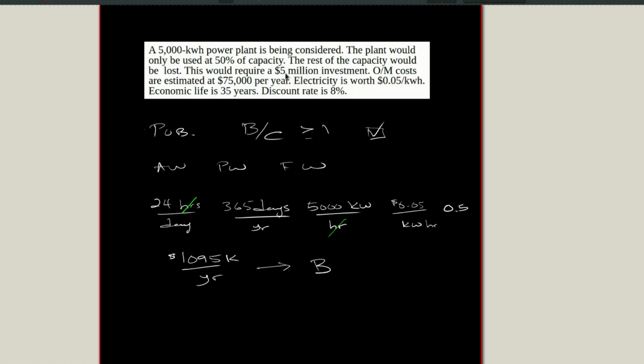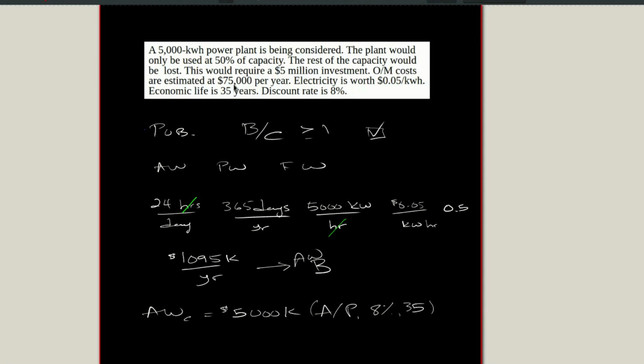Now it says here, this thing's going to cost $5 million. So what type of value is this? This is AW, so this is my AW benefit. Now I need my AW cost, which would be 5 million. I'll keep my units the same by saying it's 5,000K, and then A given P, 8% is what we're evaluating this at, for 35 years. Now we're not done there.